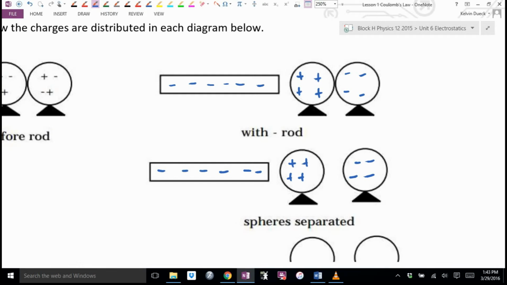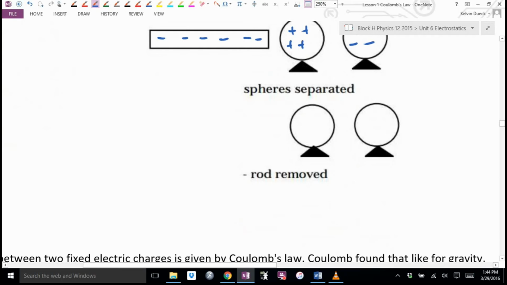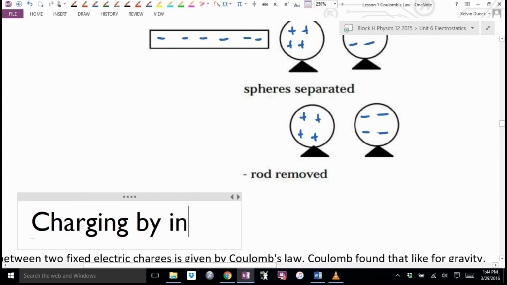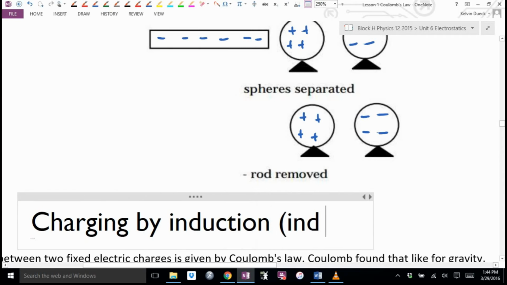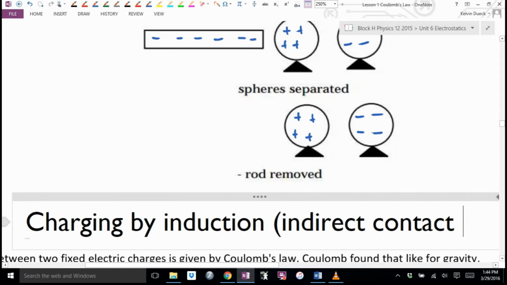No. But then if I remove the rod, although I initially started with two neutral spheres, look, I was able to charge both of them without touching. This is called charging by induction.